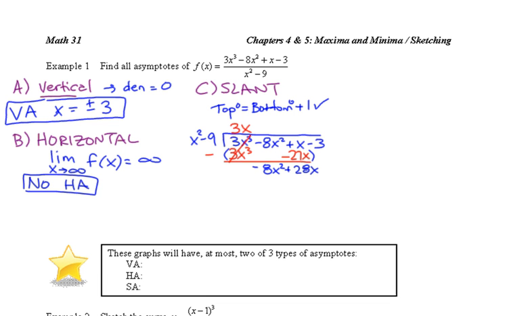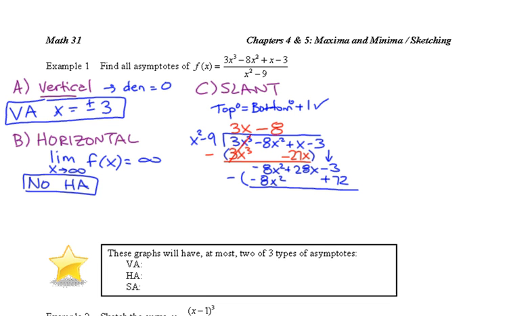Okay, so what times x squared gives you negative 8x squared? You have to bring it down. Okay, negative 8. So we have negative 8x squared and plus 72.